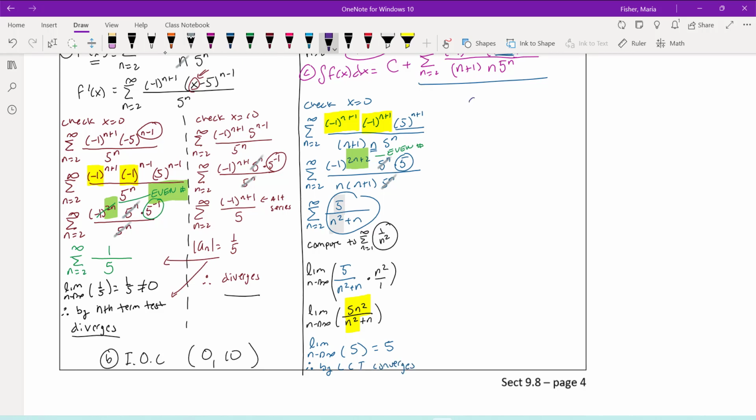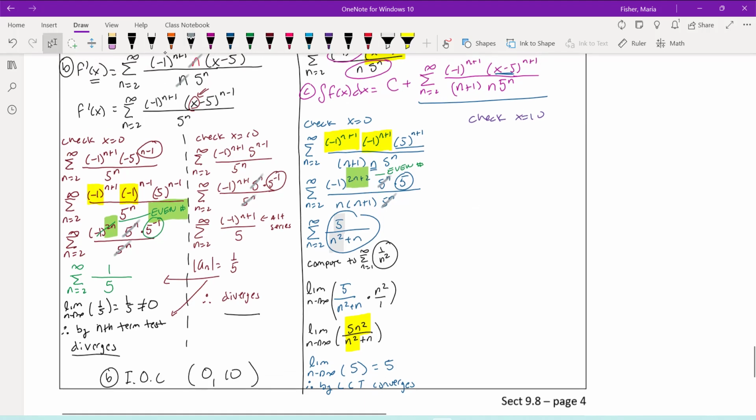Now check the other one. Check x equal 10. Plug 10 into this x right here. So we're looking at the sum from n equal 2 to infinity of negative 1 to the n plus 1. If I plug in a 10 there, that's 10 minus 5, which is just 5 to the n plus 1, all over n plus 1 times n times 5 to the n. Clean this up.